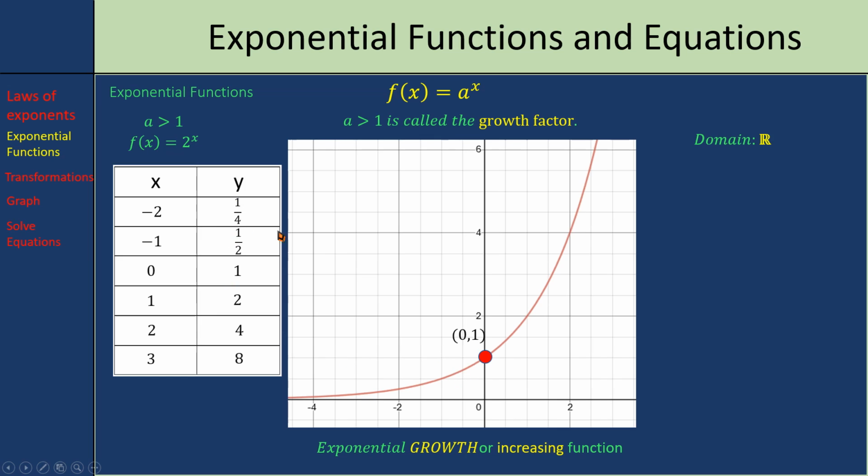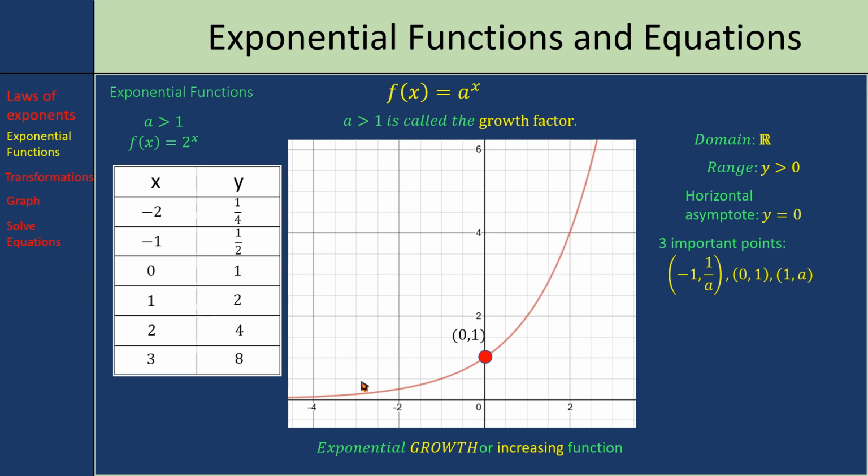So it gets really close to 0, but does not touch 0. Right? So the range is above 0. Okay? Y is larger than 0. And we have the horizontal asymptote at y equals to 0. Okay? So if you want to try and plug in a really big negative number for x, like negative 100, 2 to negative 100, it gets really close to 0, but it doesn't get to 0 because it's 1 over something.